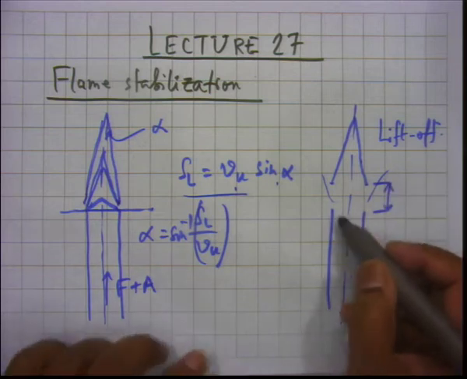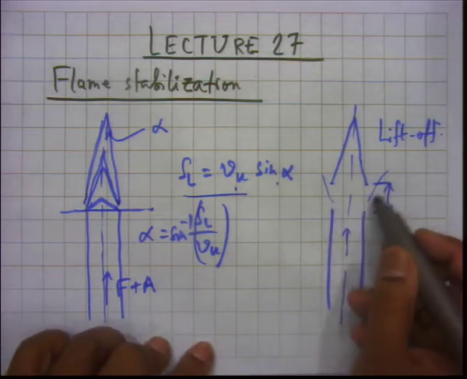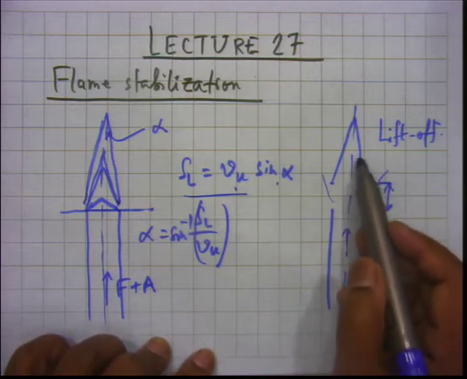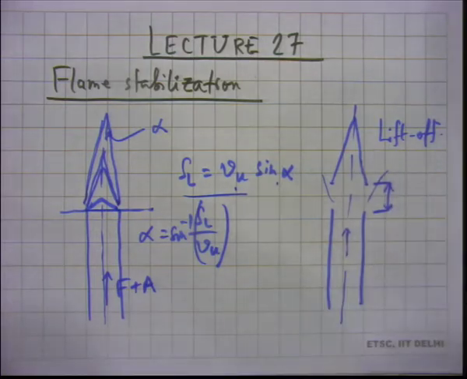If it gets lifted, there will be a jet effect, and then this jet will expand, and the velocities going into the flame will not be as high as they would have been if the flame was closer to the burner. So the flame moves a little away from the top of the burner so that the flow velocity entering the flame is a little less.